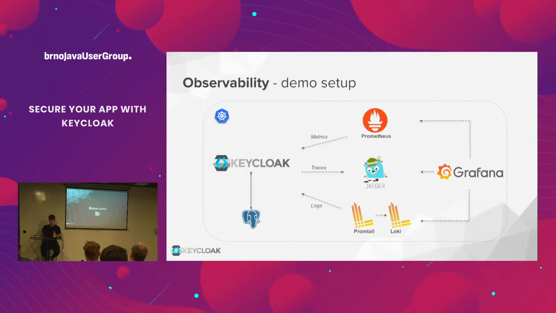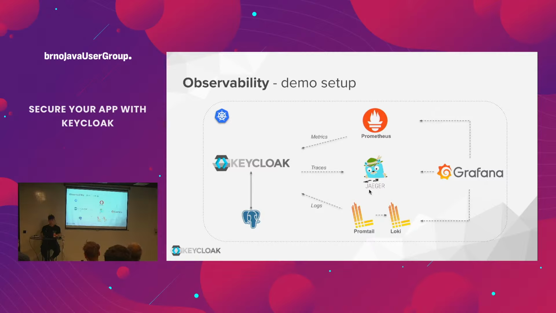So we have observability tooling where you can check how Keycloak, or other applications, behave. It collects logs, metrics, and traces. Those are the three pillars of observability. You might be aware of it.